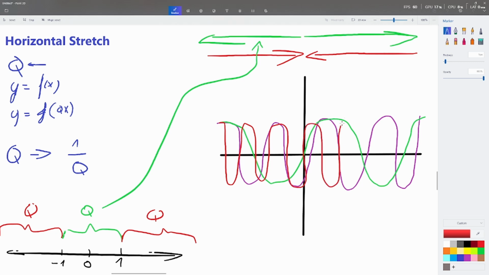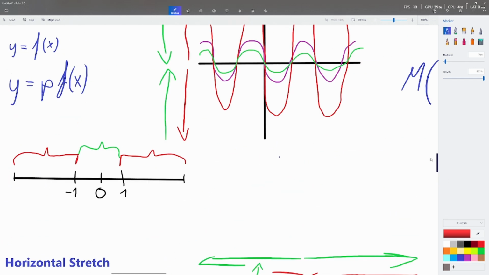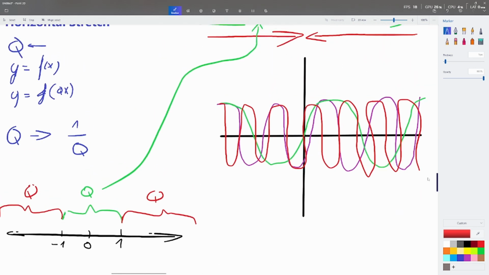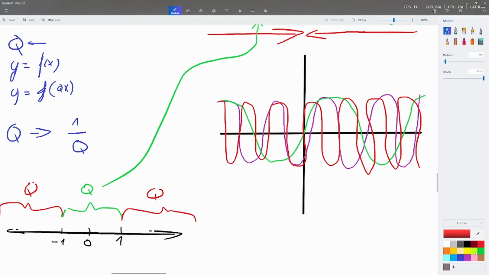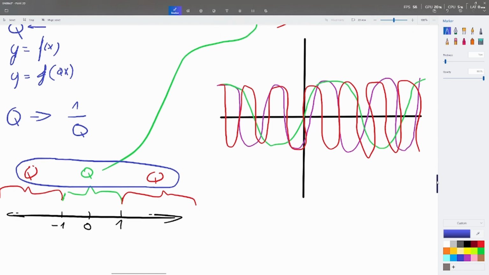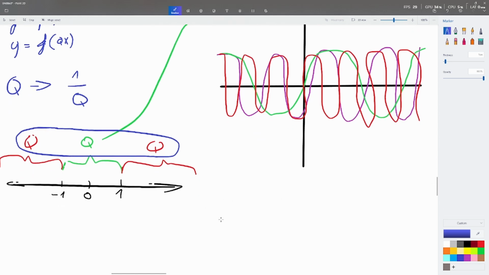You will have something that looks like this. It looks like a hot pile of mess, but I hope you can understand that if last time you had it like this, now you will have it like this. And with all of these q values, you will always stretch it by 1 over q. I hope you can understand.